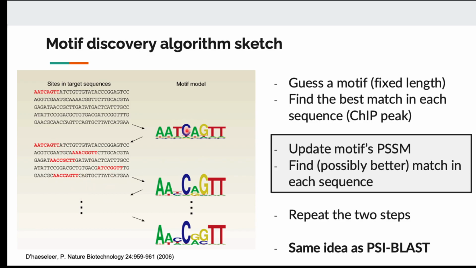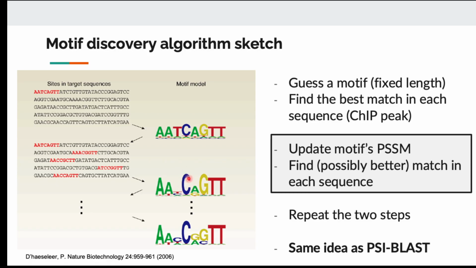If I give you this motif, like AATCAGTT, you can do sequence alignment and find the best match to AATCAGTT in each sequence. And once you identify the best match, you can combine them together to create the position-specific frequency. The first position might always be A, but at the second position there's sometimes more T. The third position is not specific.